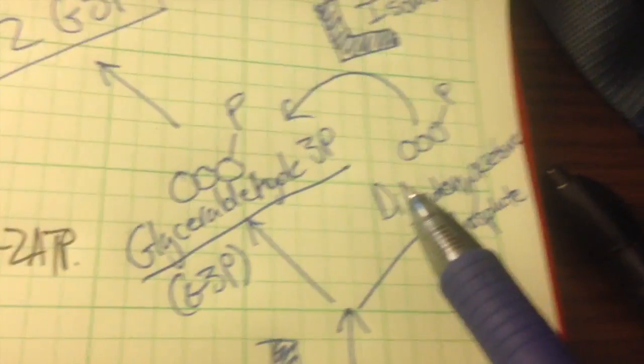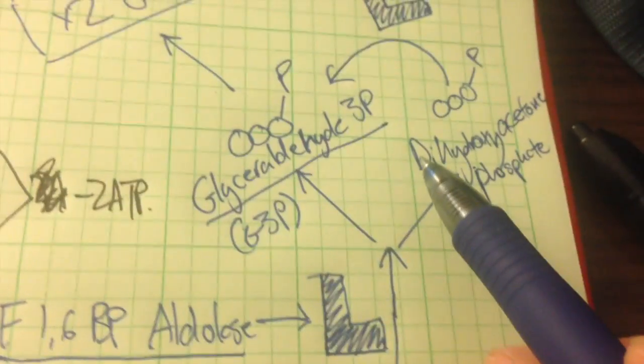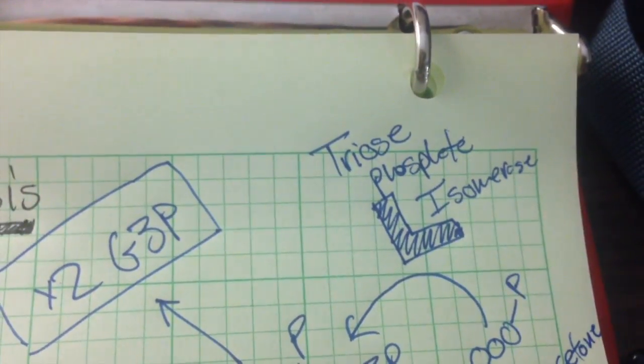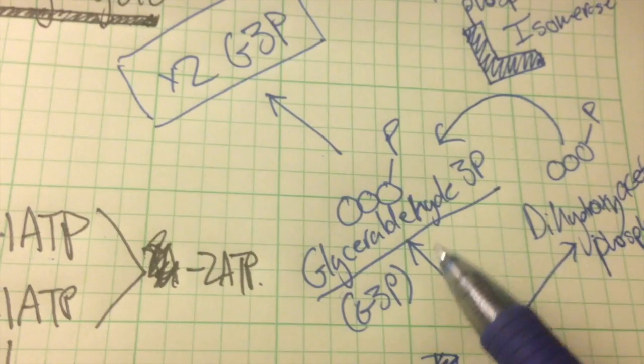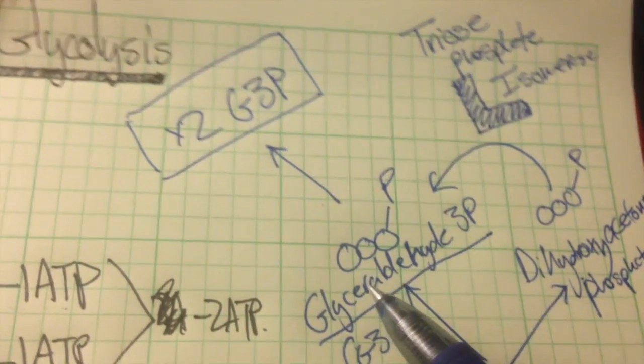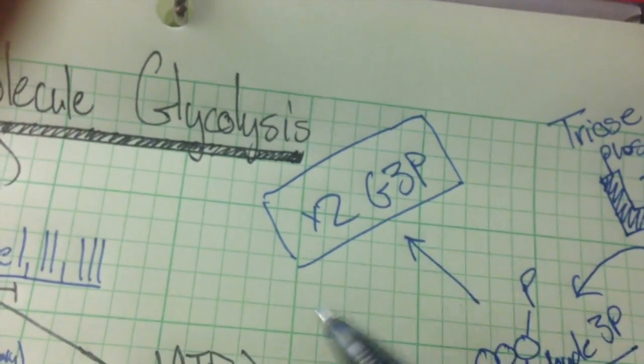And it's very, very similar to G3P, but it's not quite the same, so we have to use another isomerase to change the shape. And what we're going to use for that is triose phosphate isomerase, okay? And you can see how this arrow is basically swinging back around, that's going to make me another glyceraldehyde 3-phosphate. And so at the end of this, we've got 2 of those, okay?